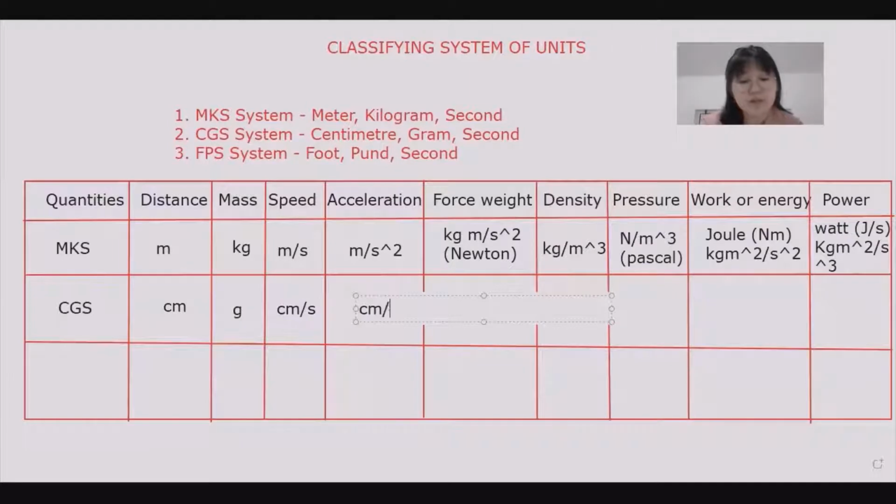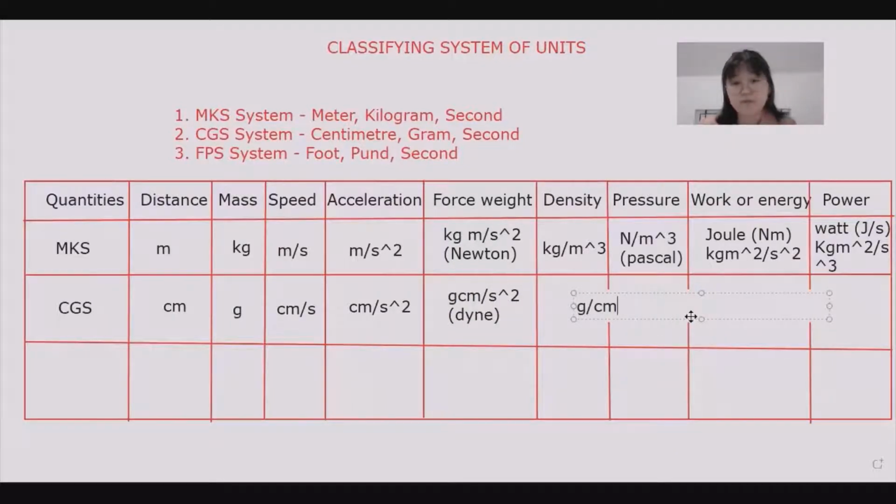And the acceleration will be centimeter per second square. The force or weight is gram centimeter per second square, or you can also call it dyne. The density will be gram per centimeter cubic. The pressure is dyne per centimeter square.